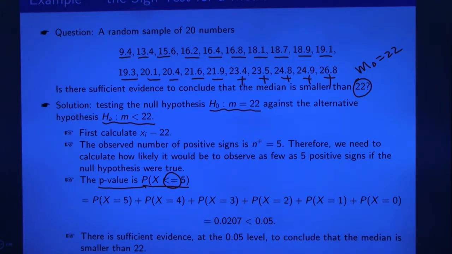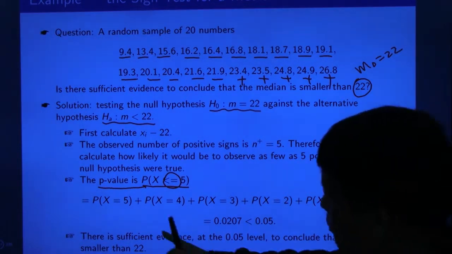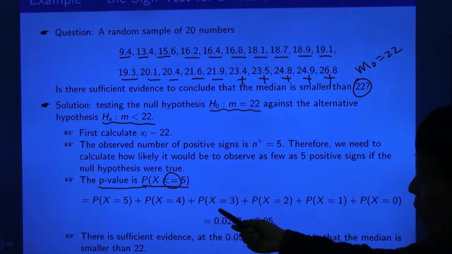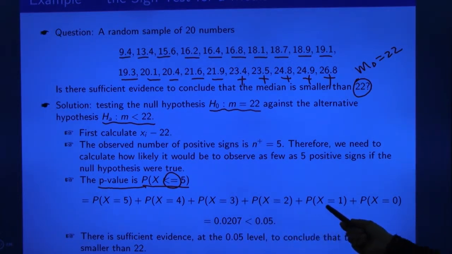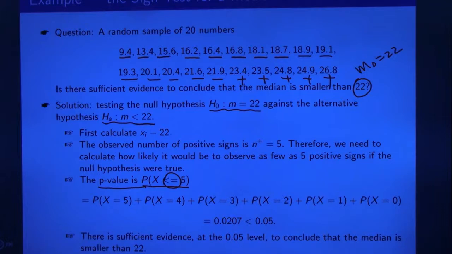From the binomial calculation we discussed before, P(X less than or equal to 5) equals P(X=5) plus P(X=4), X=3, X=2, X=1, and X=0. We can calculate this from the binomial calculation, and the sum of these probabilities equals 0.02, approximately 2%.